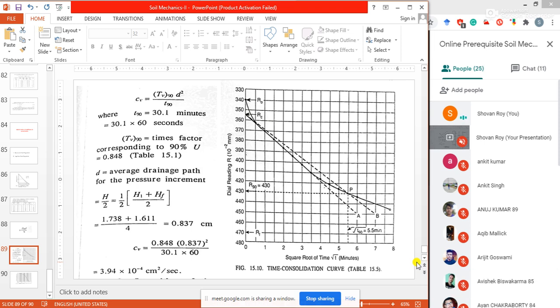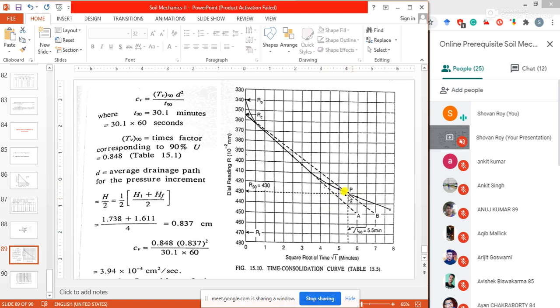The intersection of line B with the consolidation curve gives a point P corresponding to 90% degree of consolidation. So when your B line touches the actual consolidation line, the point will be defined by P. This touching point P will be considered as the point where your sample is consolidated with 90% degree of consolidation.